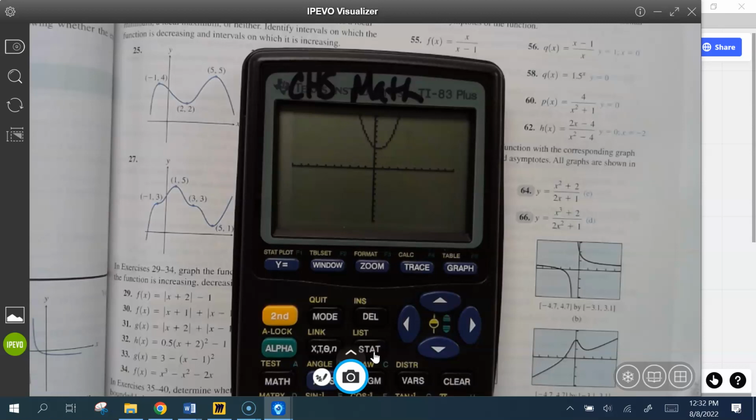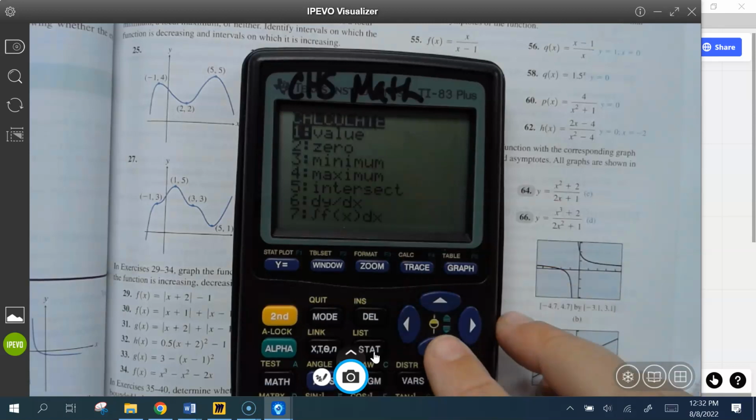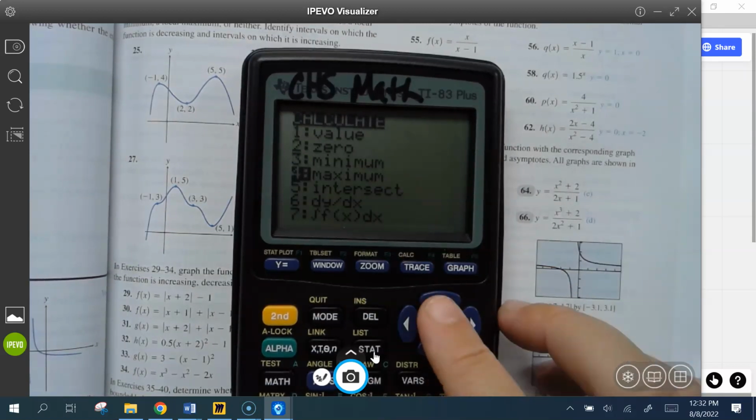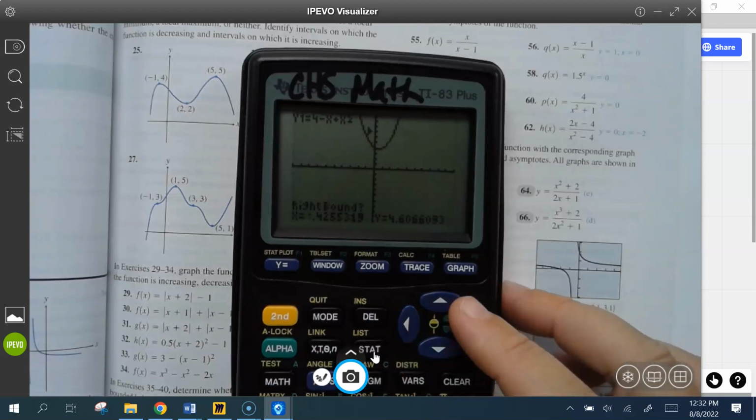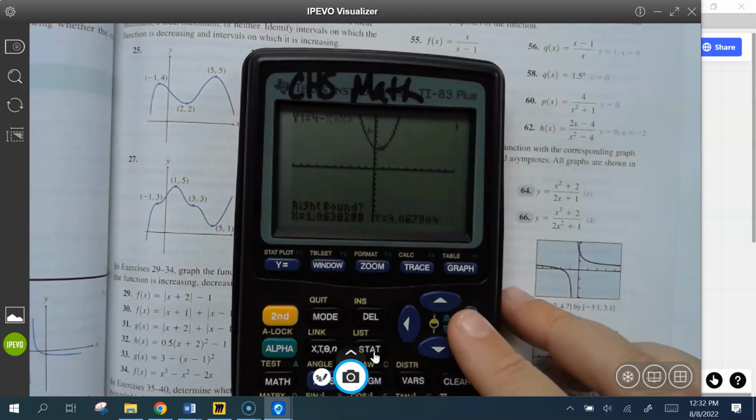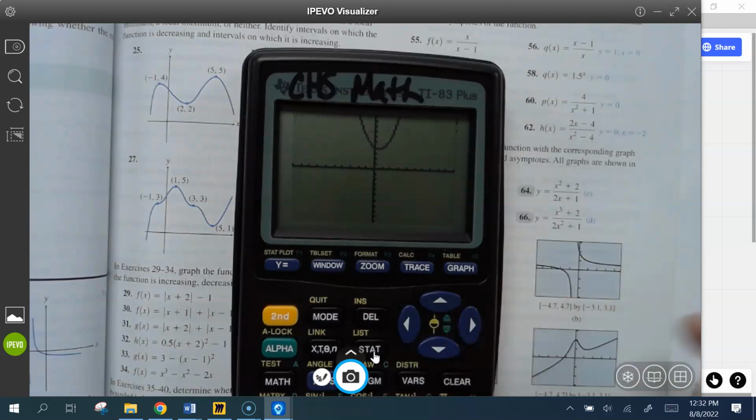Second trace. Good job. Does it have a minimum or a maximum? A minimum. Left bound, enter. Right bound, enter. Enter again. The X value there, 0.5. Look, that's it.